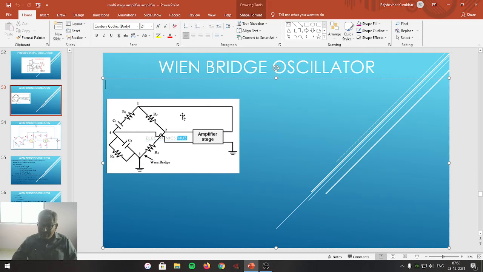Under the balanced condition of the bridge, the meter we have connected shows null deflection. And this is the specialty of the Wheatstone's bridge. But if you unbalance the bridge, the meter will start showing the deflection.